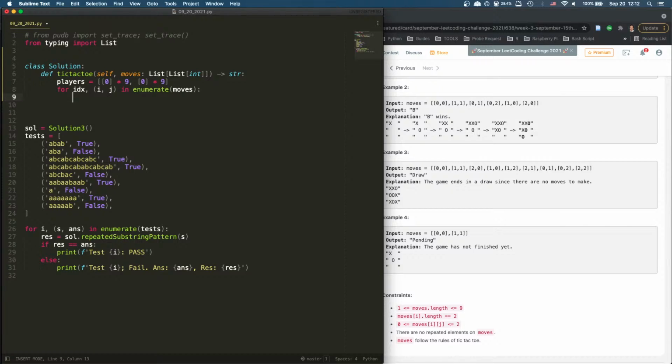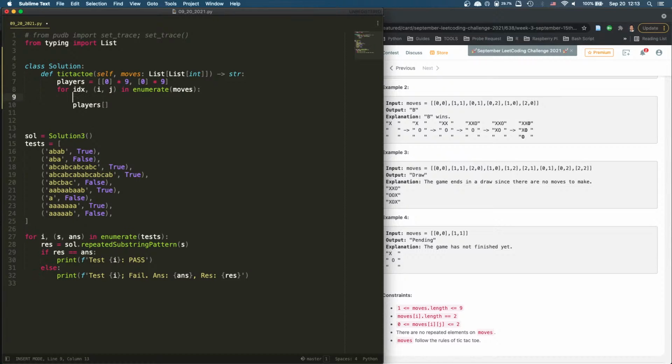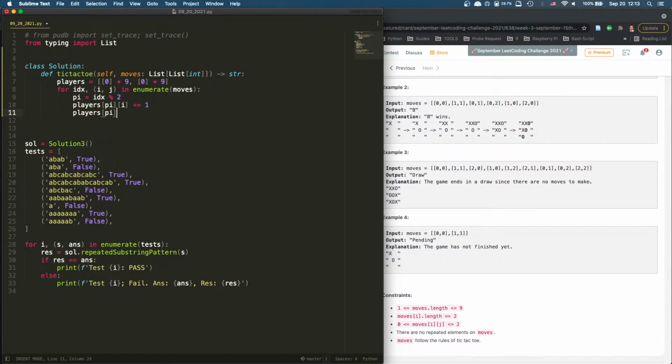So when I say, what are we going to say? Plus 6, plus 3. So the rows first. So when I say players, player index, index mod 2, right? So I say players[pi], so I'm going to go row. Row is going to be i, plus equal 1. Players[pi], column is going to be j, but it's going to be plus 3, plus equal 1, right?